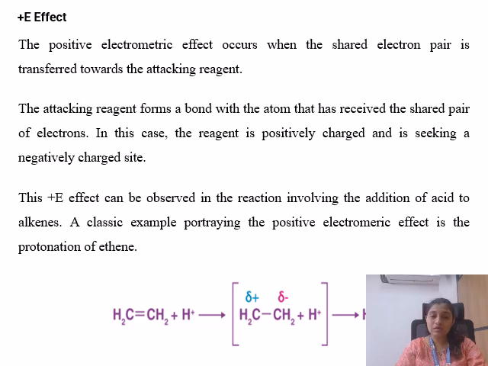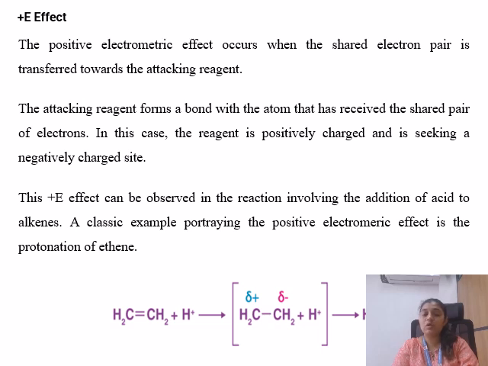So here H plus will attack on the CH2 double bond CH2, but before attacking, the CH2 double bond CH2 will show the electromeric effect. When we are talking about the double bond in the alkene, the pi electron will be shifted towards one carbon. As both are carbon, no electronegativity concept is there, both are equal carbon. So on one side the CH2 gets the pi electron shift, so that's why we can say delta minus and delta plus, and we represent a single bond.